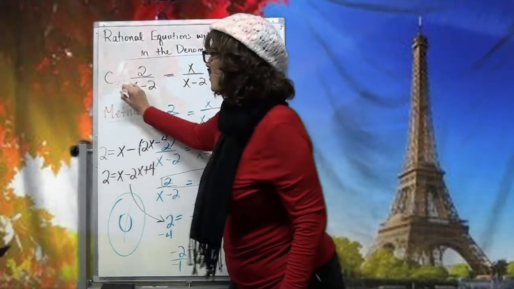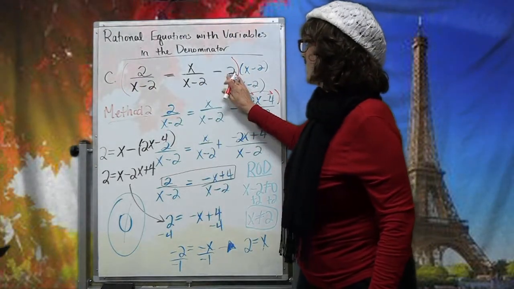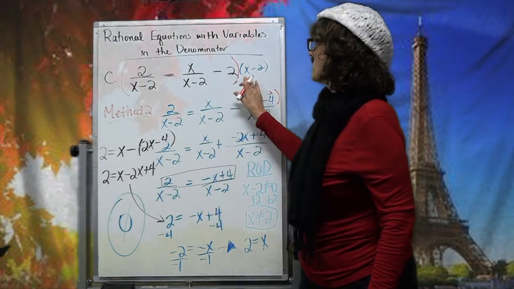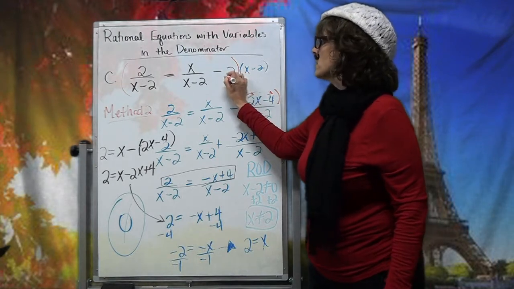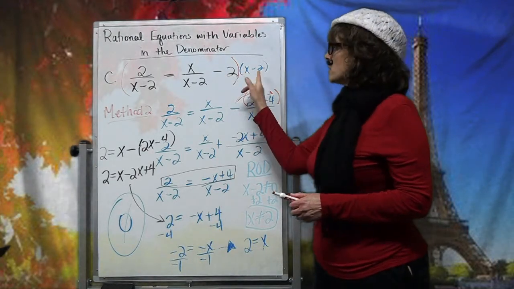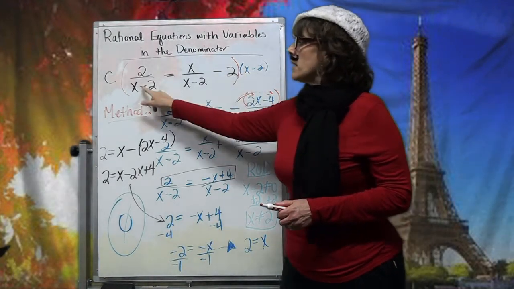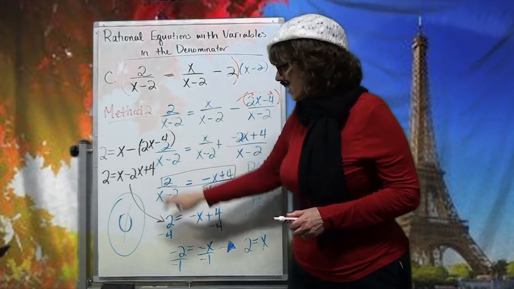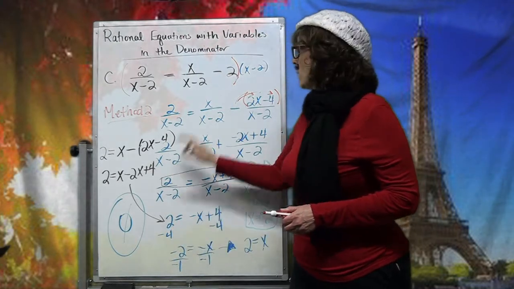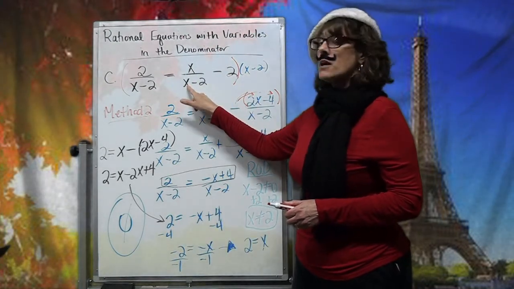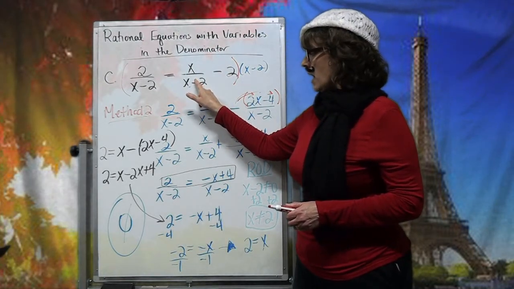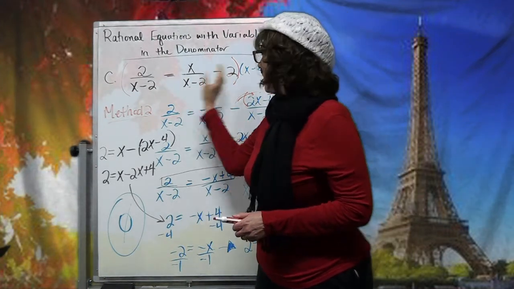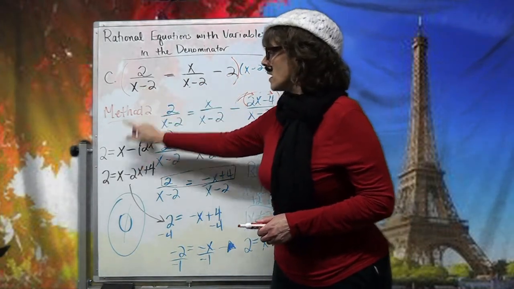Take absolutely everything and multiply it by that least common denominator, which we already figured out was an x minus 2. When I multiply it here, it's going to cancel with this, and I am just left with a 2.